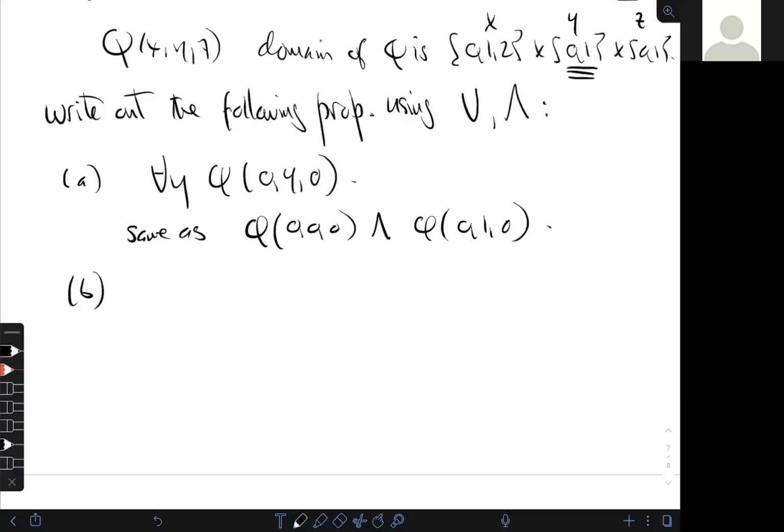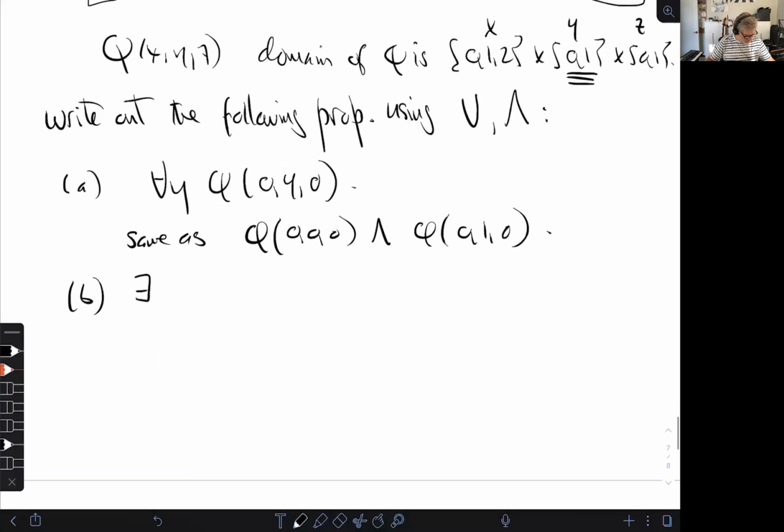B, there exists an x such that q of x, 1, 1. So again, what does the existential quantifier mean? There exists an x such that q of x, 1, 1 means that q of x, 1, 1 is true for at least one value of x. But what are the possible values of x? There are 0, 1, 2.